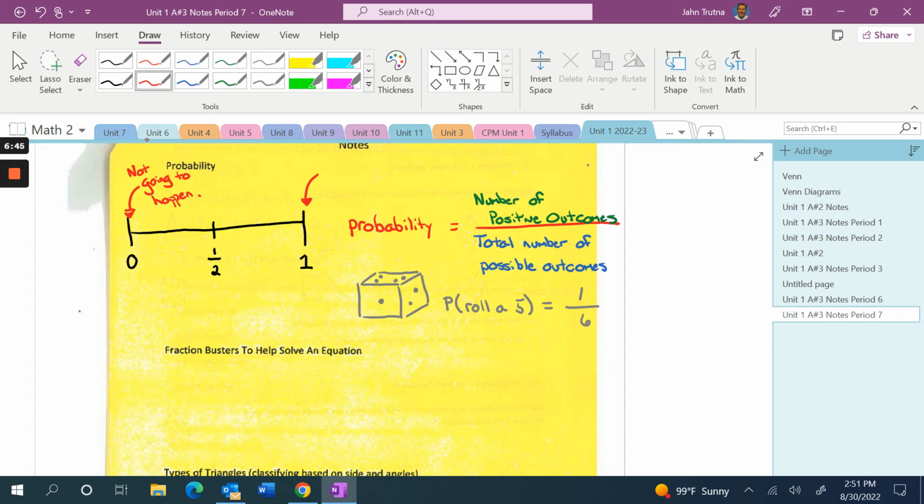The probability of 1 means it, whatever it is, will happen. Okay? So whenever probability is 0, it means no chance, no way, not going to happen. If probability is 1, it means count on it. It's going to happen. All right?